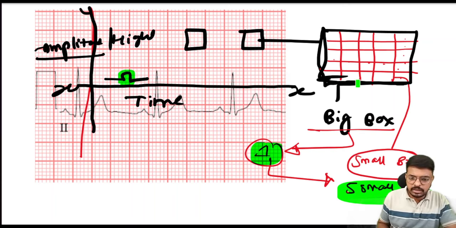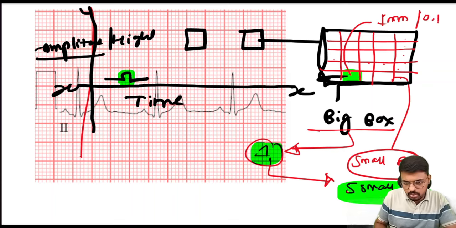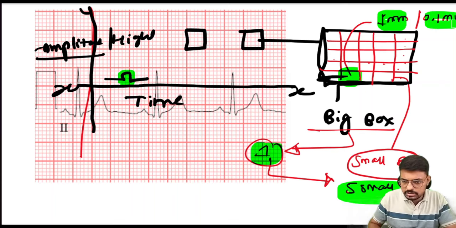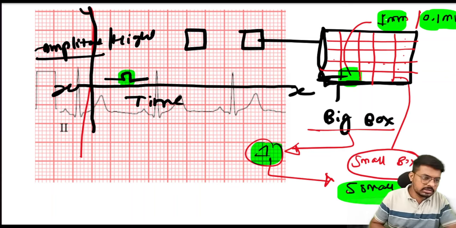So here one small box height is 1 mm or 0.1 millivolt. Very important.